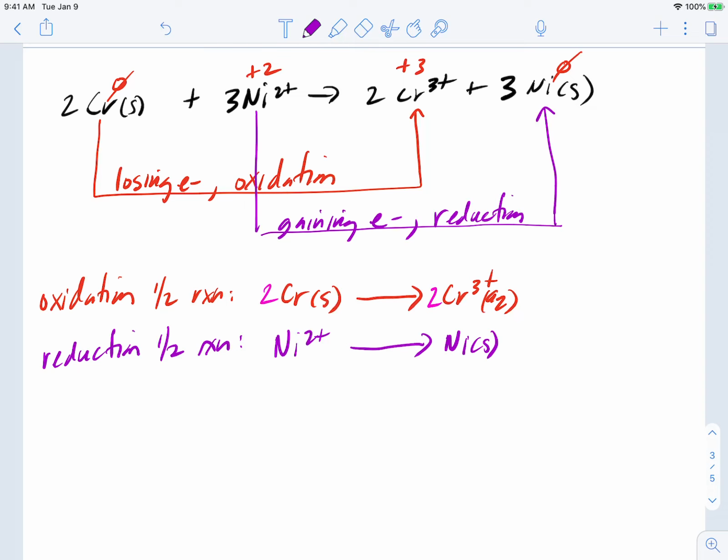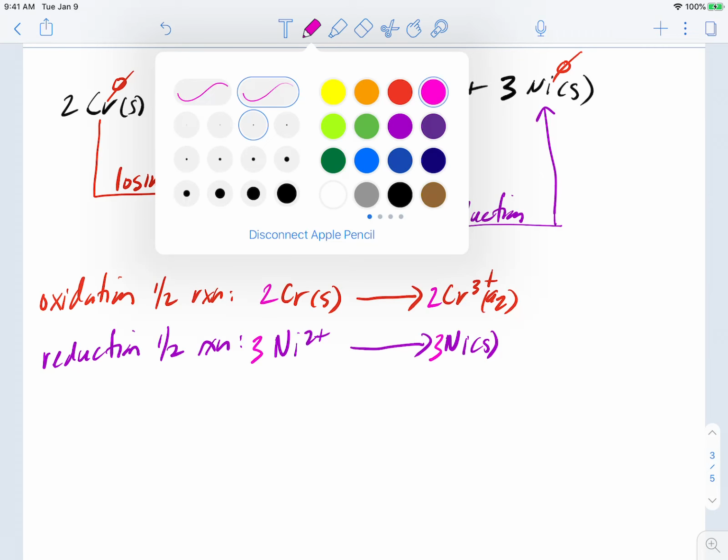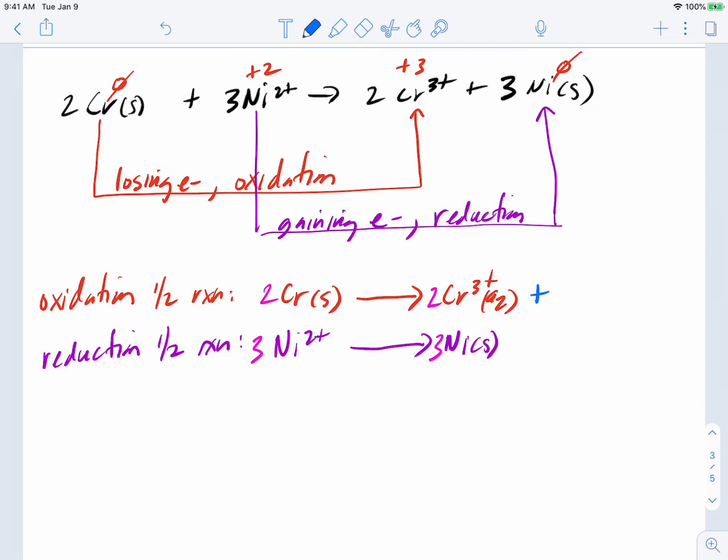If we put these coefficients in, so if I have a 3 here and a 3 here, and oxidation is losing, then if we put the electrons in blue, for each chromium we're going from 0 to 3. And we have 2 of those, so that's a total of 6 electrons being transferred.